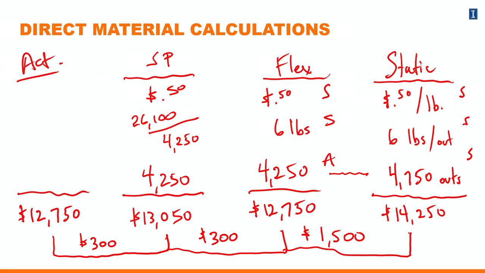In our pseudo-actual world, the cost was $12,750. In our pseudo-standard world, the static budget column, the cost was $14,250. This means as we move from a standard world to a more actual world, costs decreased. The cost in the flexible column is less than the cost in the static column.